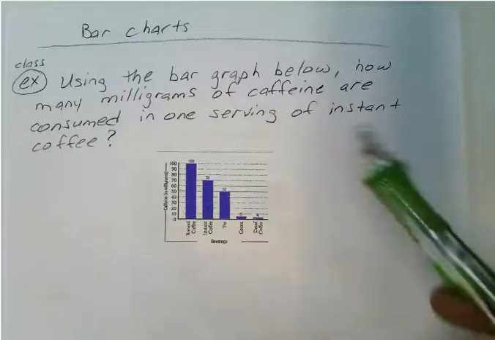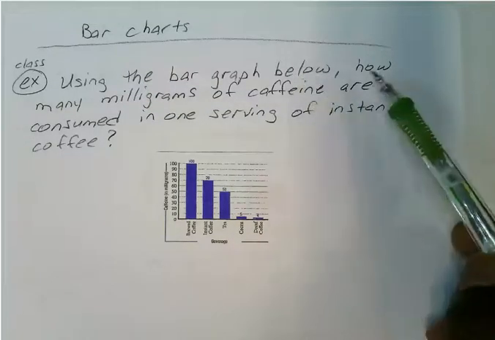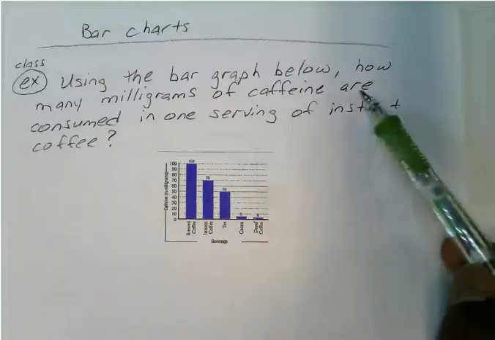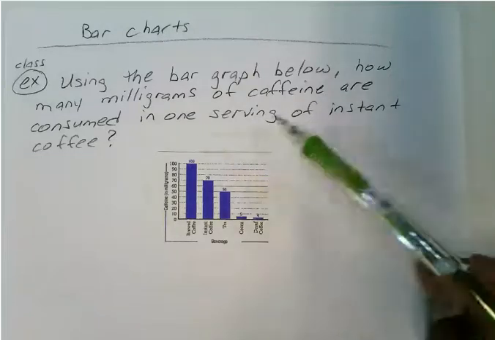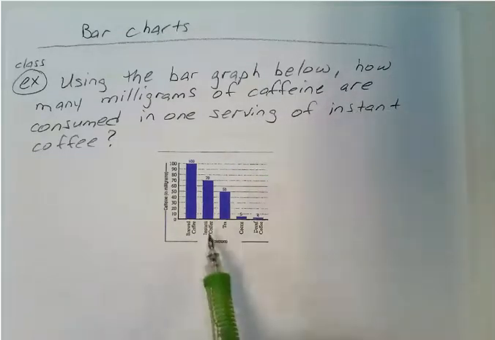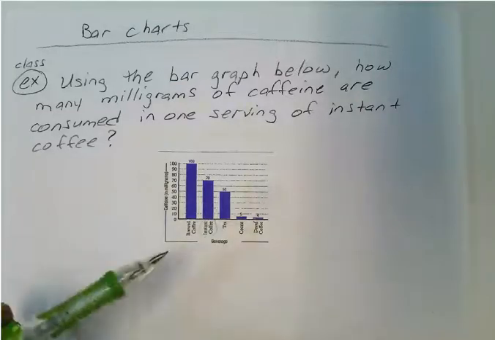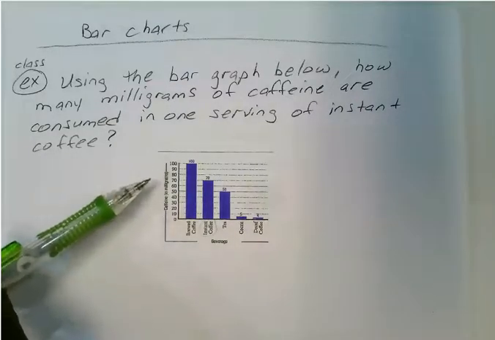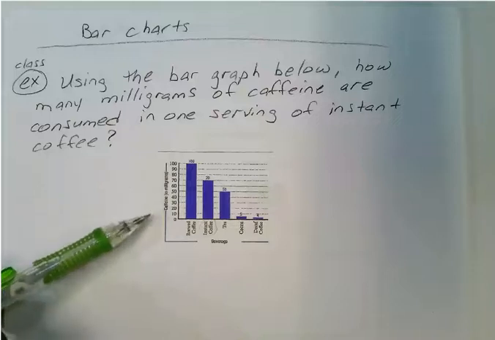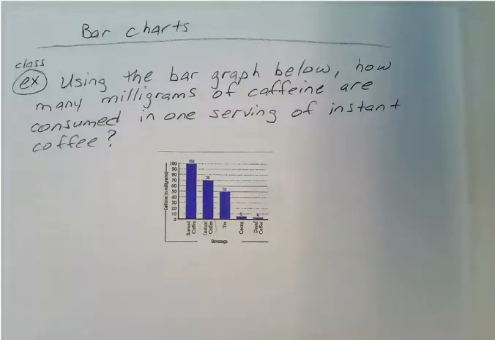Okay, so if you wanted to use the graph below, how many milligrams of caffeine are consumed in one serving of instant coffee? Okay, so remember, this is your instant coffee here, and these are the milligrams of caffeine. Okay, so I want you to, well, you don't really have to press pause. It only takes a couple seconds to look and see that one, but I want you to press pause and try to solve this one on your own.